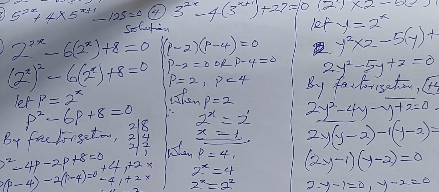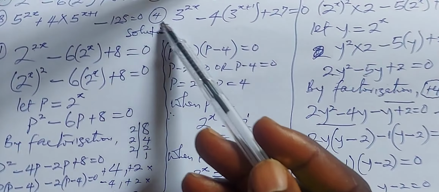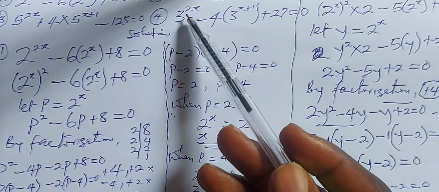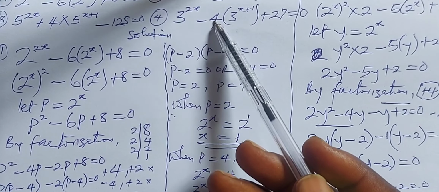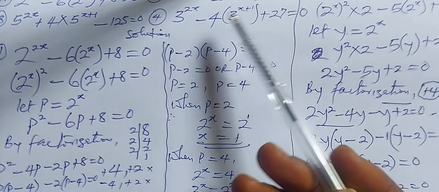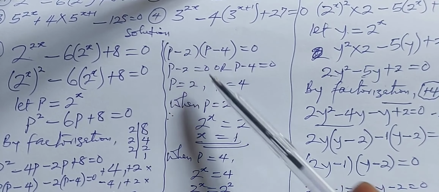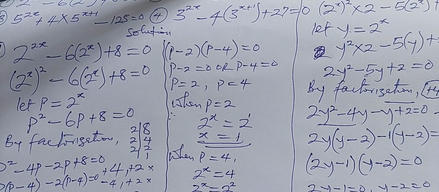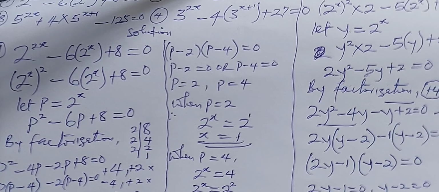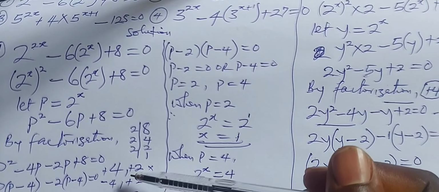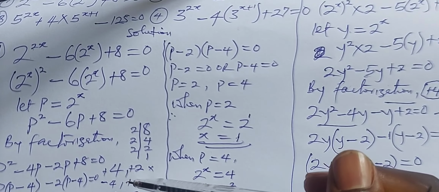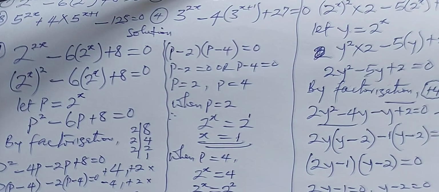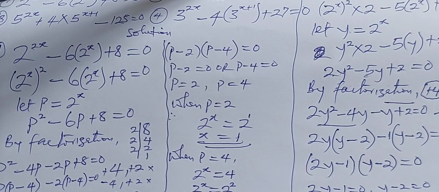This is number 4: 3 raised to the power of 2x minus 4, in bracket, plus this. It's still the same method. Once you apply the same method, you will get it right. Don't rush. Whenever you are solving mathematics, always cool down and you will get the right answer. So bye and see you in the next video.